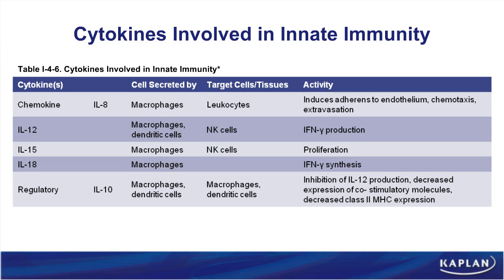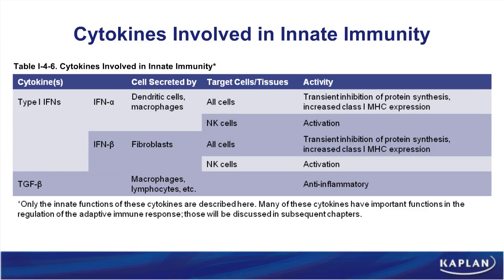And IL-15 and 18 also have target tissues, including the natural killer cells, that can help with not only proliferation, but interferon gamma synthesis. We haven't really talked much about IL-10 here, but it can be produced by macrophages and dendritic cells. We're going to come back to this one and talk more about it when we get into the chapter dealing with the T helper cell subsets.